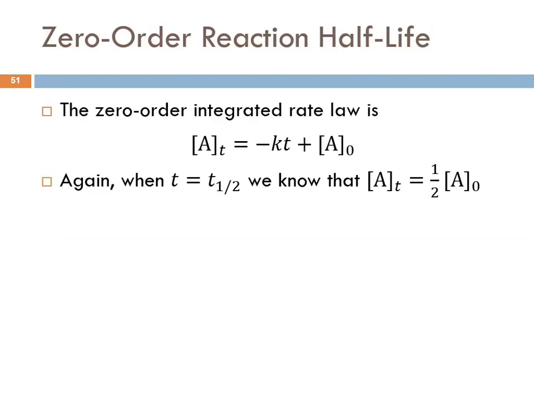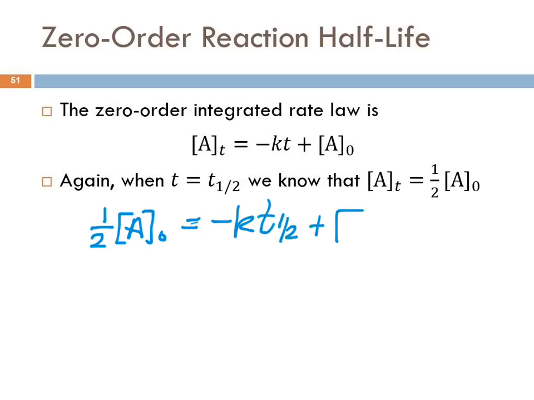And then we can't leave out the 0 order. So 1/2 A0 is equal to minus K T1/2 plus A0. I'm going to move this over here because I want to get rid of that negative sign.